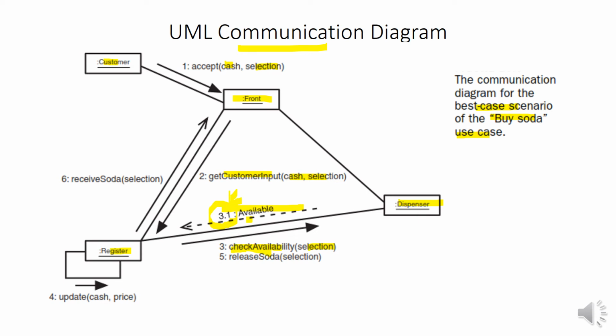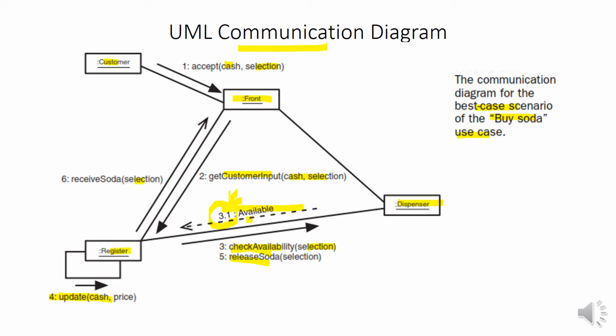So after this update cash, as we are modeling the best case scenario, the selection is available, and after that the register will be updated, and then it will send a message to the dispenser to release the soda, and then the particular selection is received by the front.